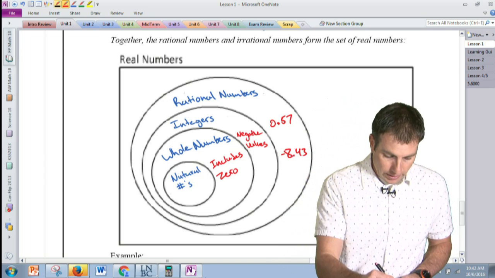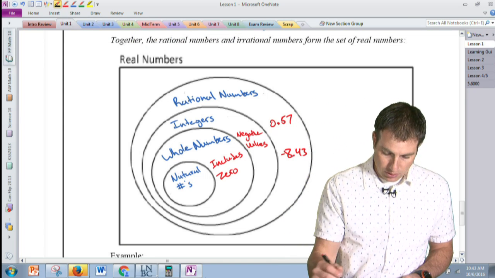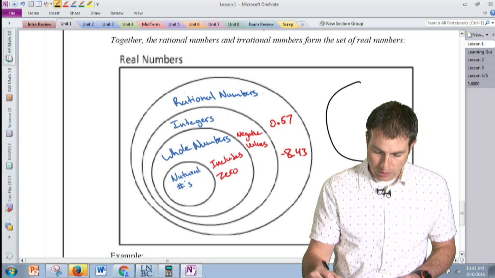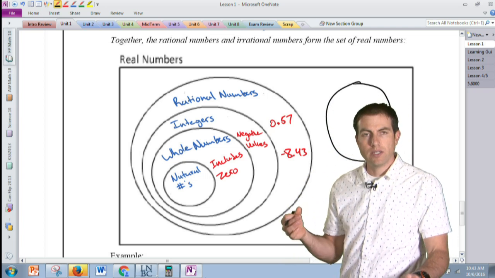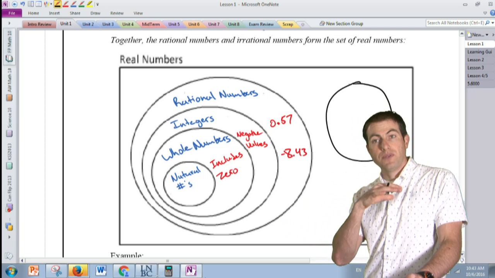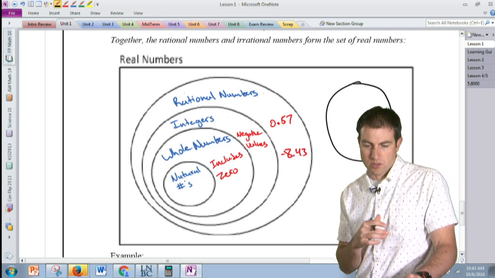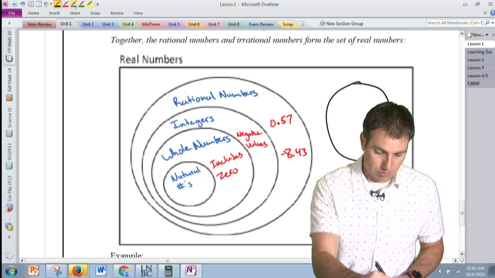And then outside, I'm not sure why it isn't included in this diagram, so we're going to draw another circle just over here. Everything that's not able to fit into one of the classifications in these circles, we call irrational numbers.